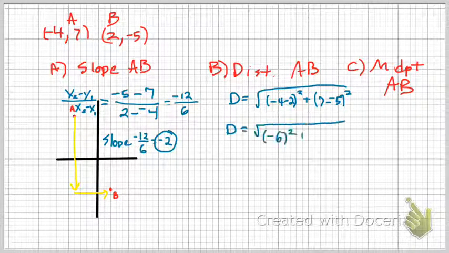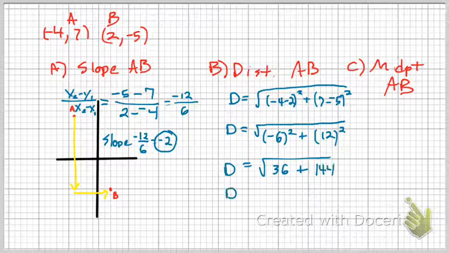If I actually do some minor calculation there, you get -6 for the first subtraction. We're going to square that. Then we get 12 for the second, and square that. One's negative, one's positive, but it doesn't matter when you square something. It ends up being positive anyway, so we get 36 and 144. Add those together, we get 200. So it's the square root of 200. Well, we do need to simplify that.